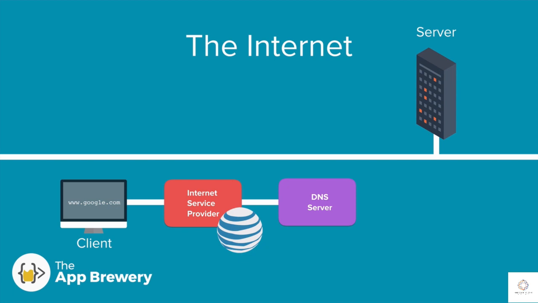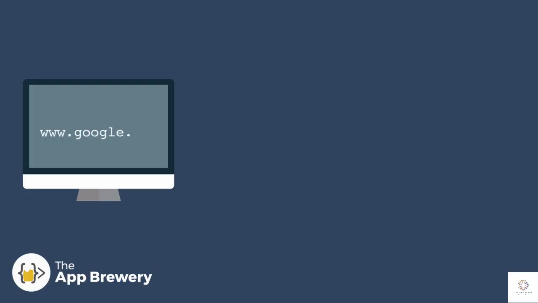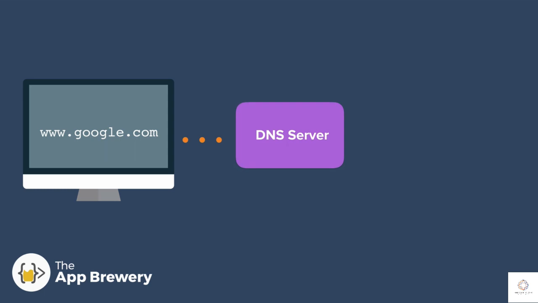And a DNS server is essentially just a souped up phone book. And what happens when you make that request through your browser is the DNS server will look up in its database as to what is the exact IP address of that website that you're trying to access. And every single computer that's connected to the internet has an IP address.